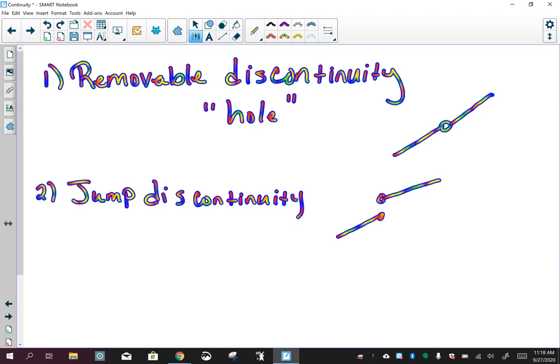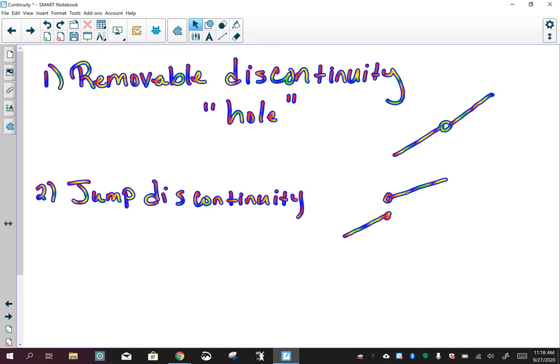Now, the key about the jump discontinuity is that just because you have an absolute value or a piecewise function, that doesn't necessarily mean it's not continuous, because these 2 points right here can actually wind up being on top of each other.